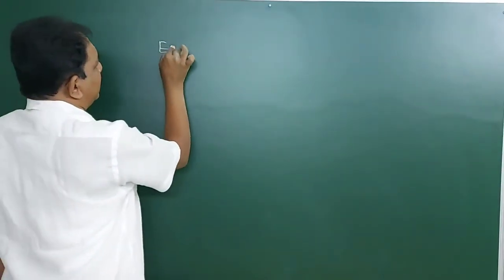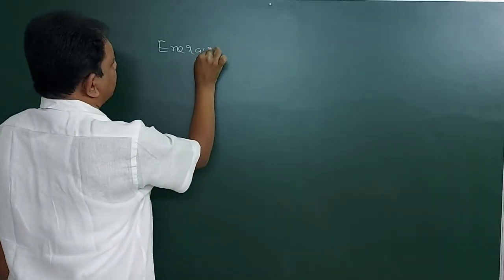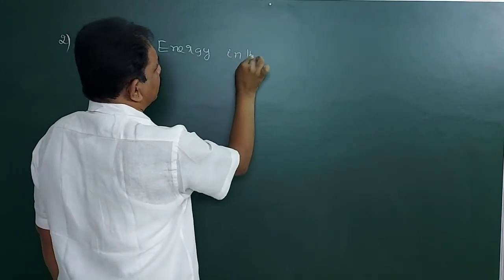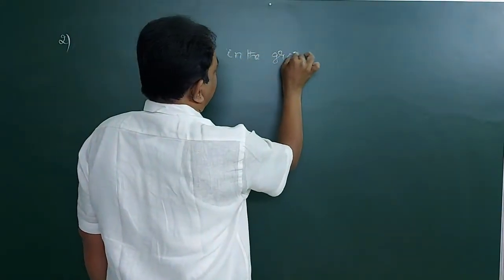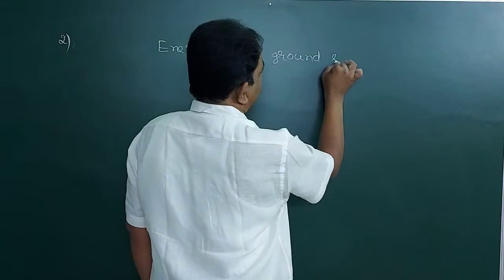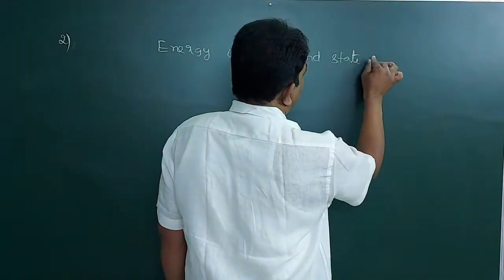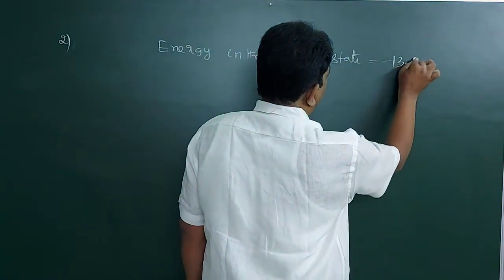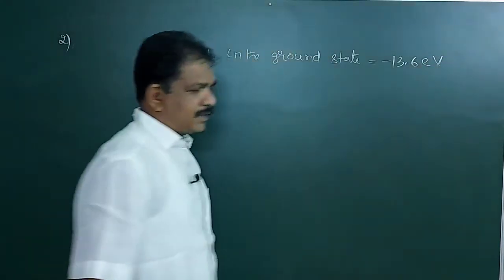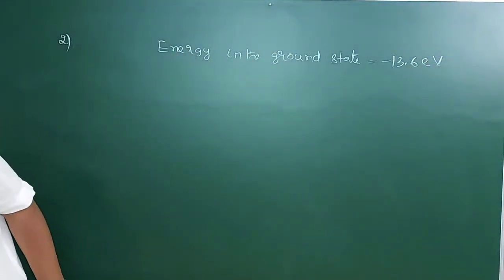Write like this. Energy in the ground state is equal to minus 13.6 electron volt.